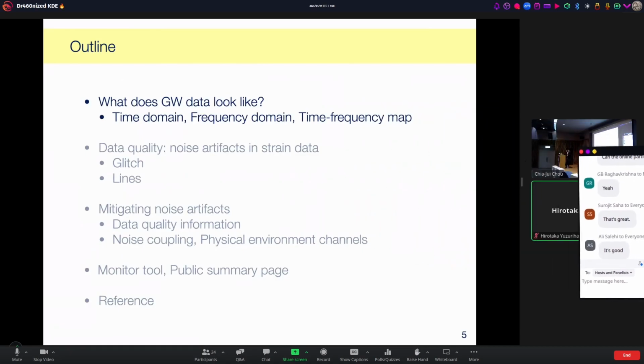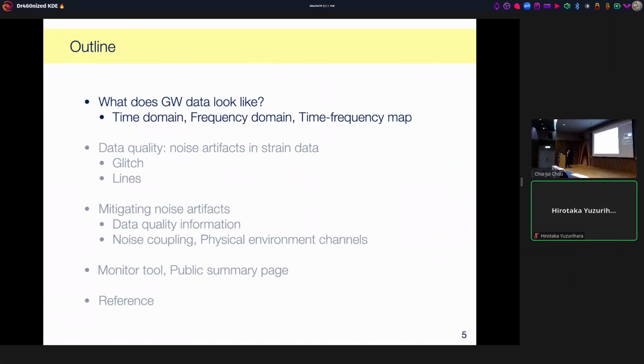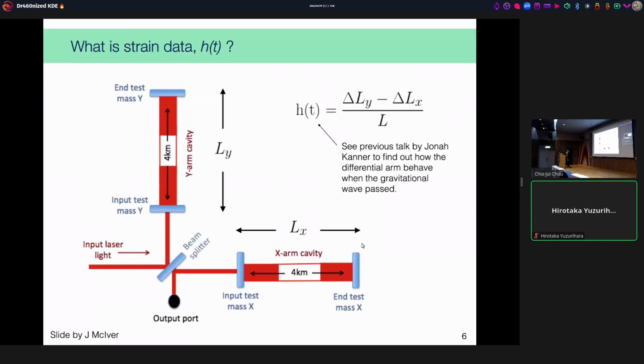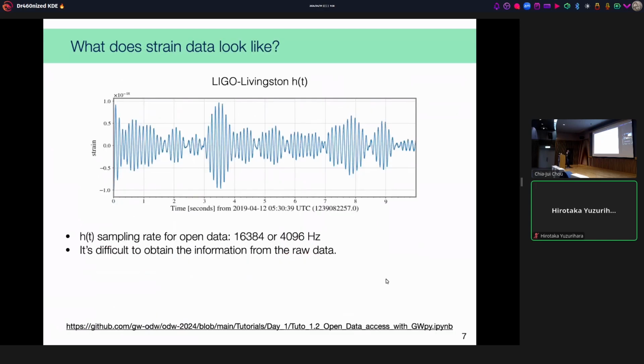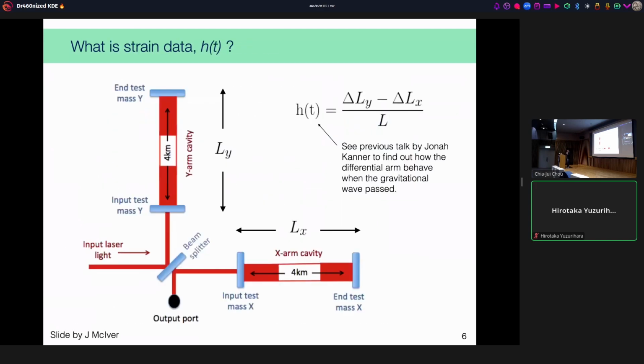The first topic is: what does gravitational wave data look like? On page 6, the left bottom figure is a simplified LIGO interferometer, and this interferometer is almost the same as LIGO, Virgo, KAGRA.